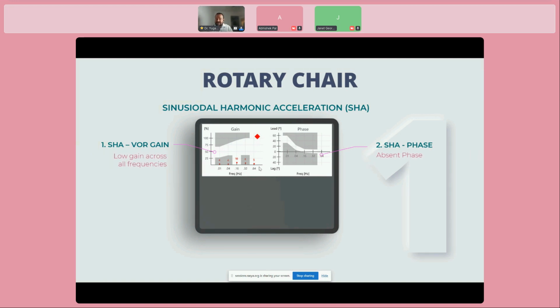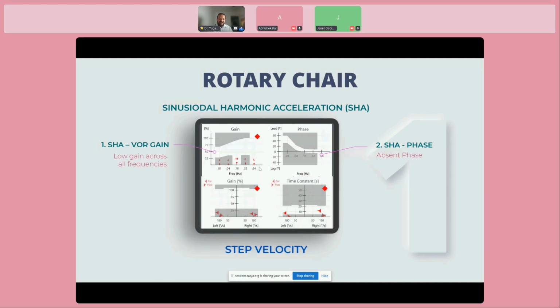And the slow phase, the phase, is another concept. I'm not here to talk about the concept. It's completely absent or a completely phase lead. That indicates peripheral. And the step velocity also indicates completely low gain. So this is the low gain, indicating that there are some peripheral issues. And the time constant also shows fast decay, indicating peripheral.